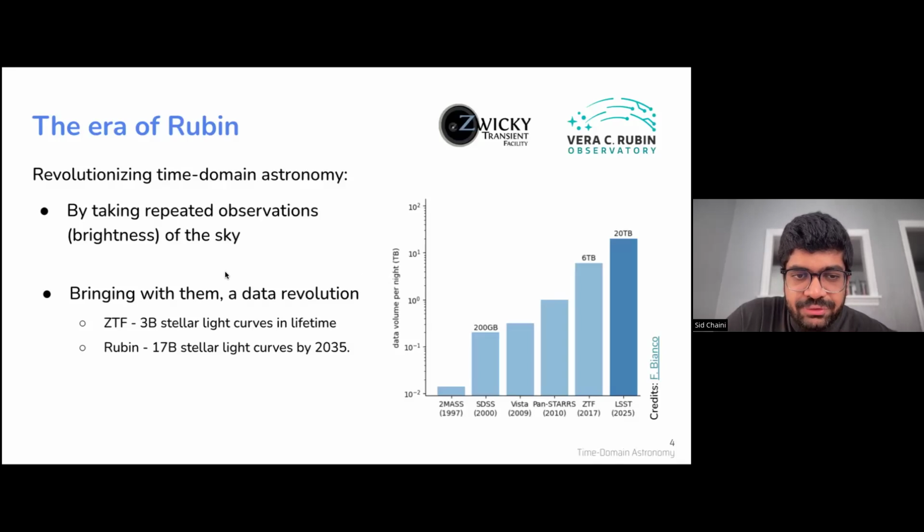In terms of stellar light curves, that boils down to ZTF having observed around 3 billion stellar light curves in its lifetime, which actually just got extended by 1 year. So now ZTF is going to run another year. Rubin is expected to observe around 17 billion stellar light curves by its end of life in around 2035.